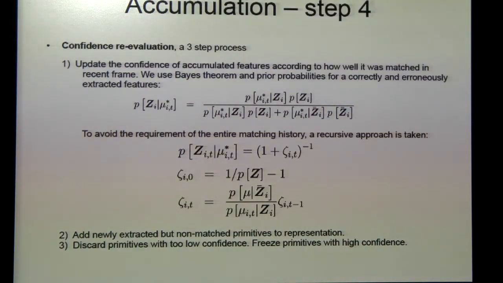You know that at some point it might be occluded, and because of that, we have to freeze primitives if the confidence gets high enough. Over a couple of frames, then we freeze it, so we will never remove it. We will keep correcting it, but if we fail to match it, we won't remove it or lower its confidence.